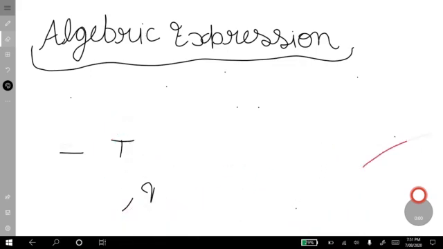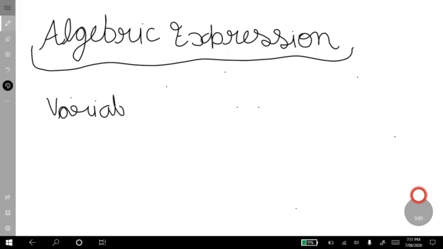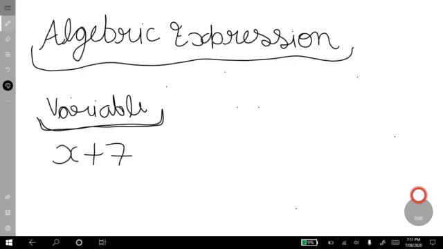Next we have variables. Let me write variable. A variable is a letter or alphabet in an expression, like x plus 7.